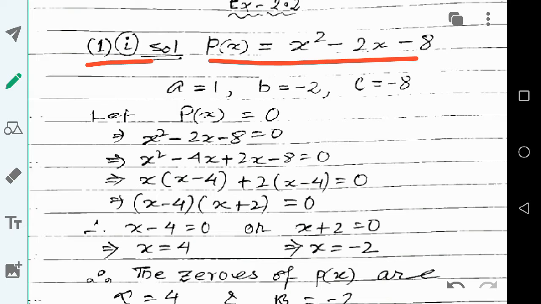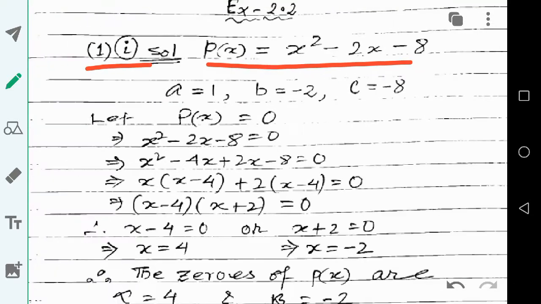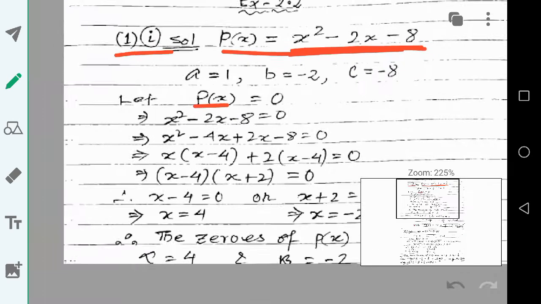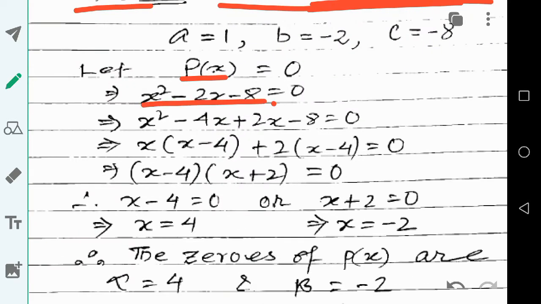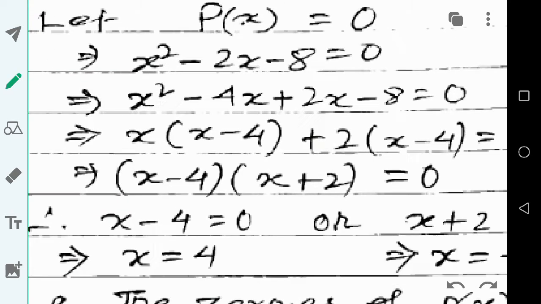In order to find the zeros we have to consider p(x) = 0. Then we replace p(x) by the polynomial which is given, and factorize it. You know how to factorize polynomials.